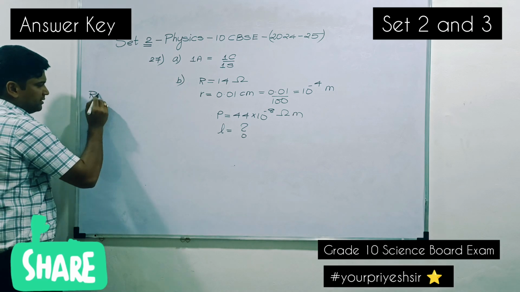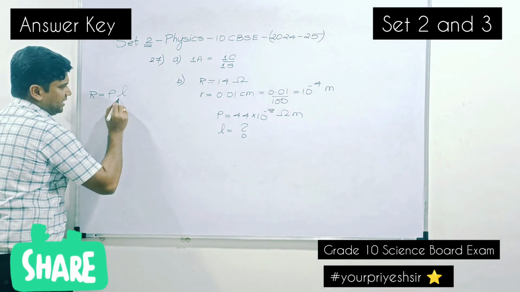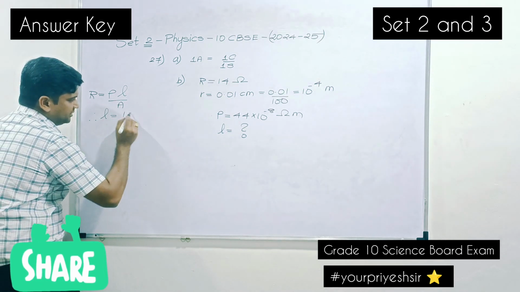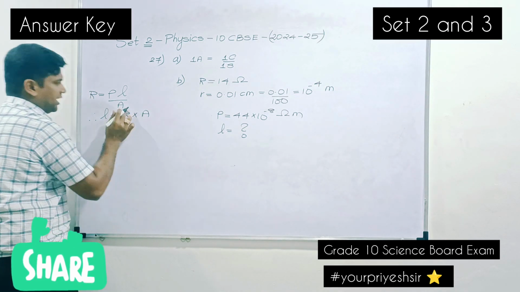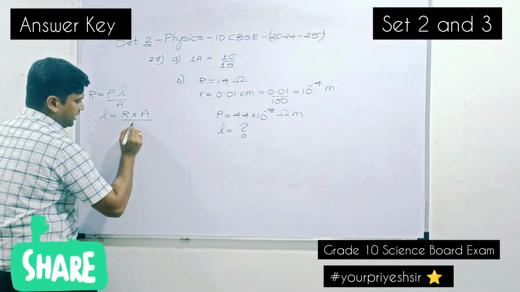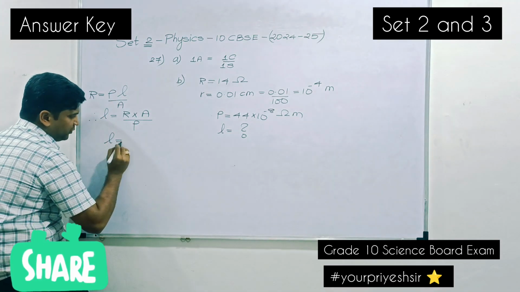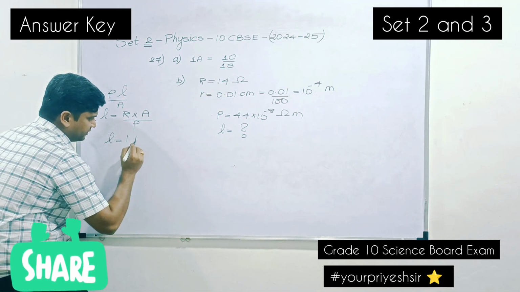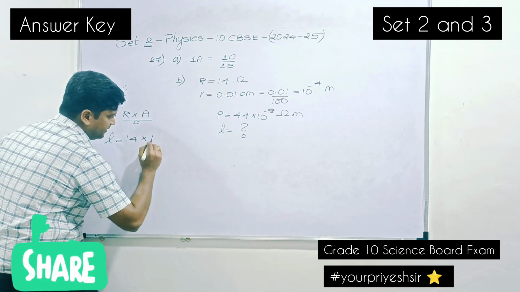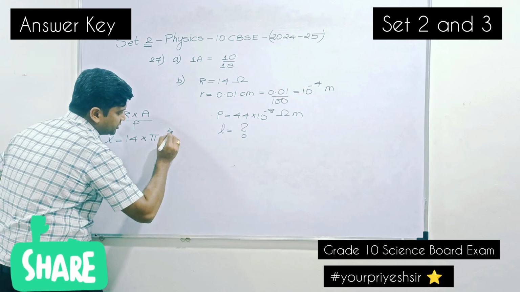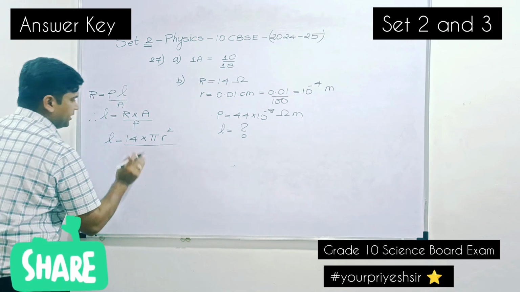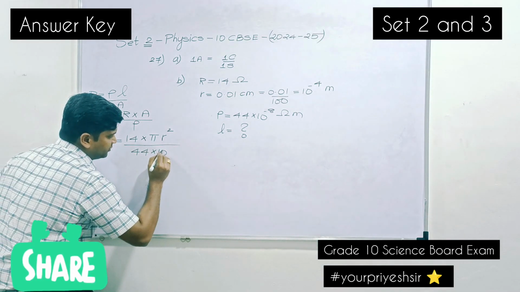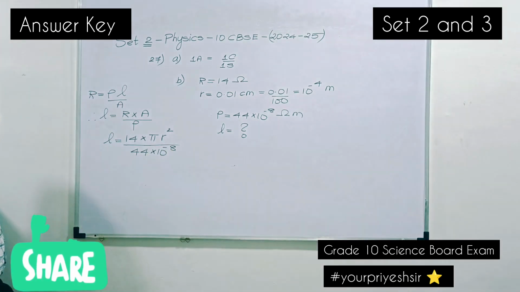R is equal to rho L upon A. Since we need to find the length, I'll keep all the other quantities to the right hand side. So R into A divided by rho. So length equals, sorry, R is resistance 14 into area, it's pi square of radius divided by resistivity, which is 44 into 10 to the power of minus 8.